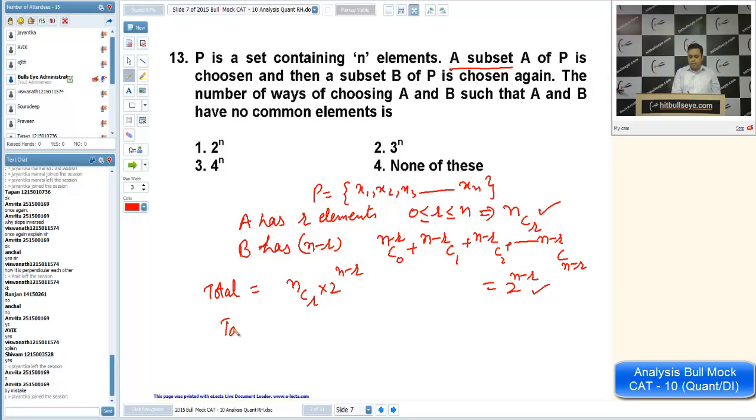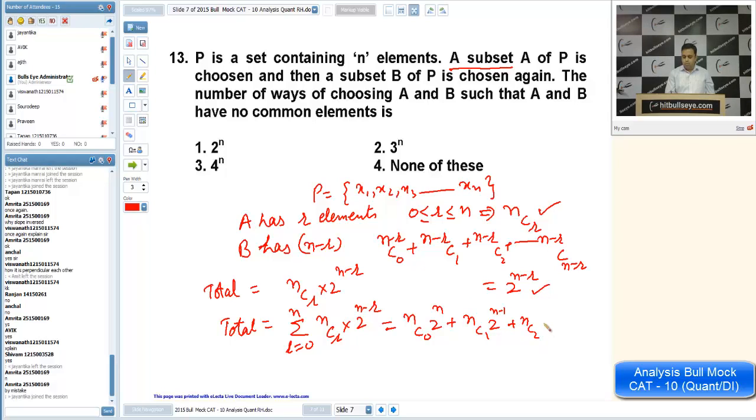So total ways will be equal to the summation of R from 0 to n of nCR into 2 raised to power n minus R. Now if we add it up, it will become nC0 2 raised to power n plus nC1 2 raised to power n minus 1 plus nC2 2 raised to power n minus 2 plus so on up to nCn 2 raised to power 0.